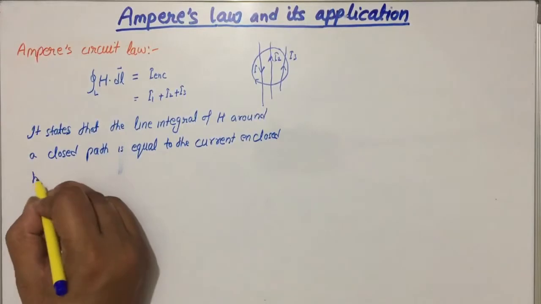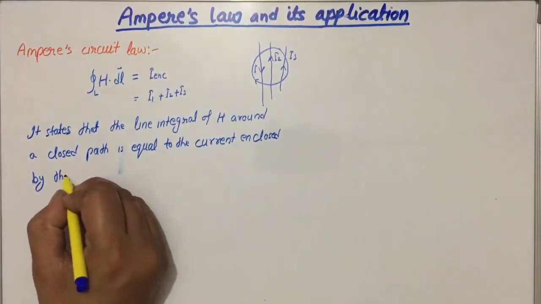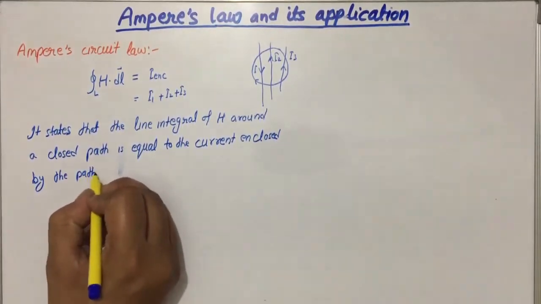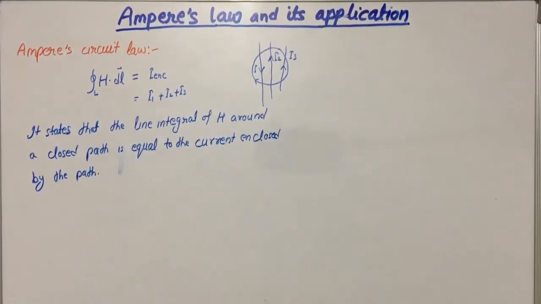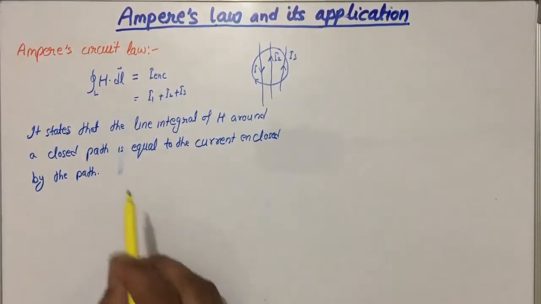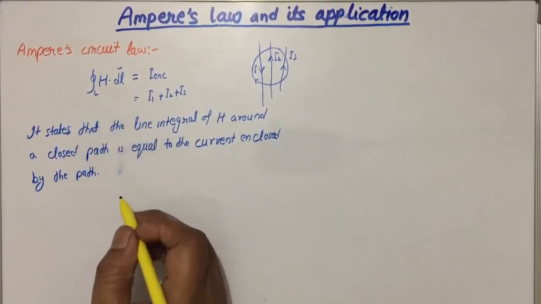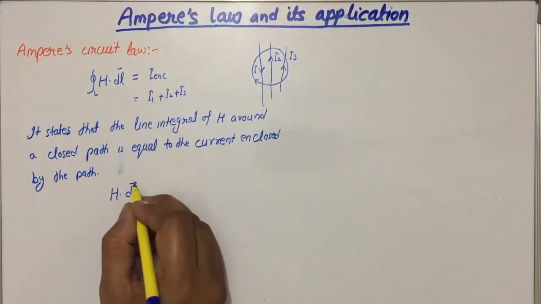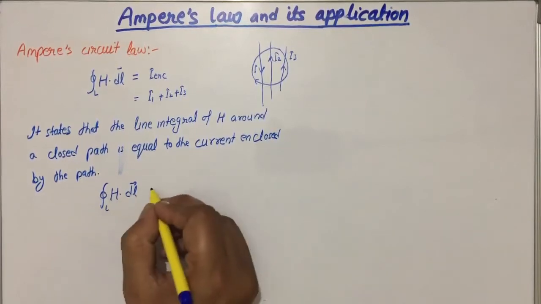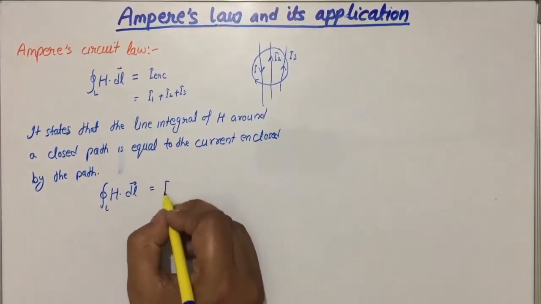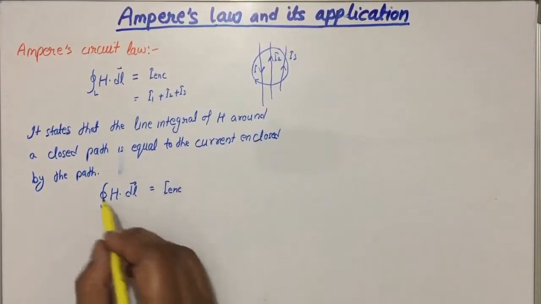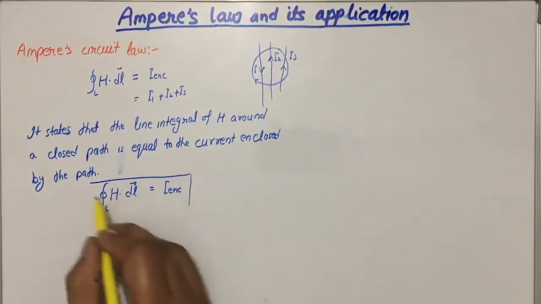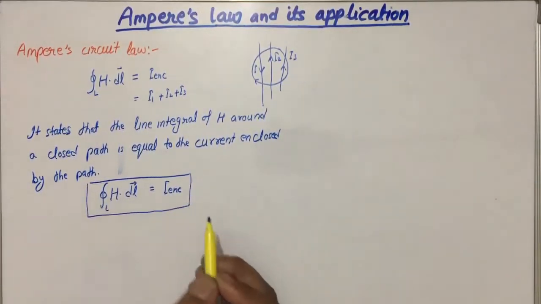The definition is very simple. So according to the definition, H dot dl will be the current enclosed. This is Ampere's circuit law.